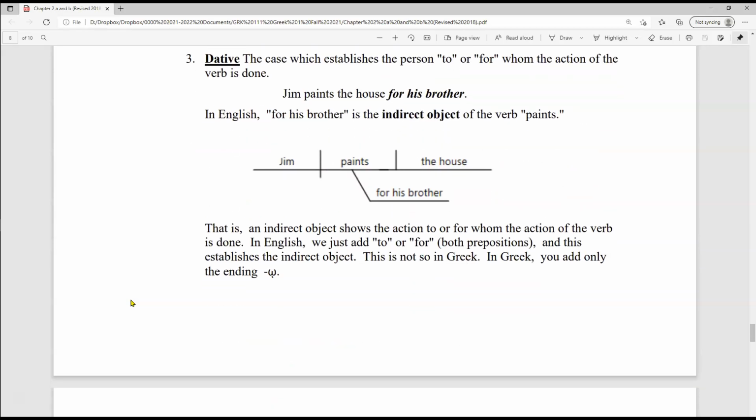Okay, the dative is the case of the indirect object. It's to or for whom the action is done. In a sentence, Jim paints the house for his brother. In Greek, you wouldn't add this word "for." You would just take brother and put it in the dative case.